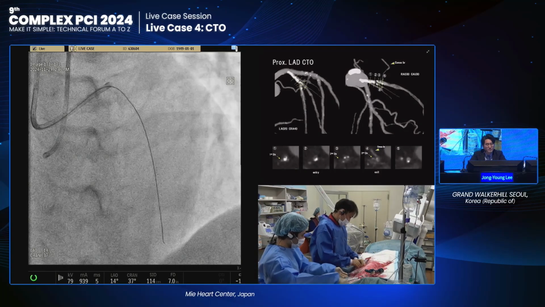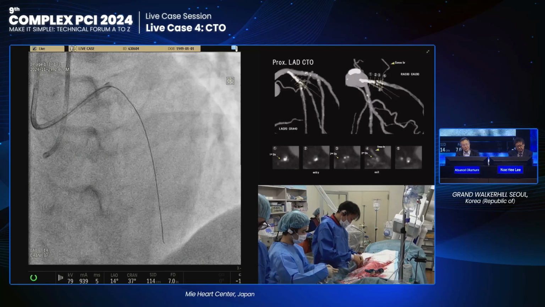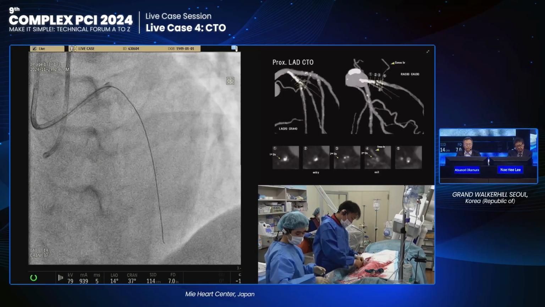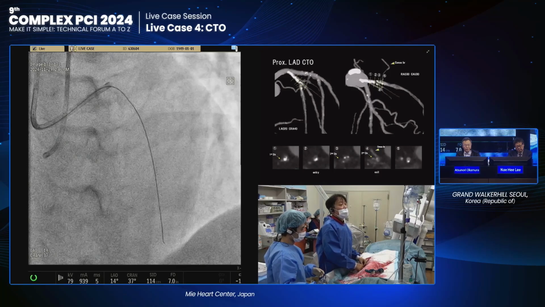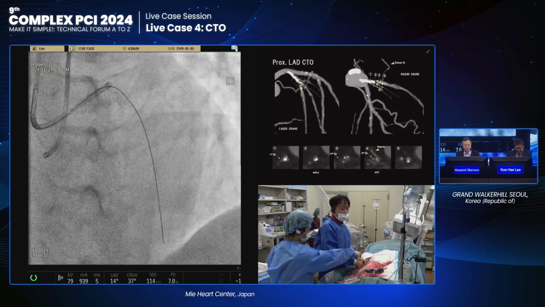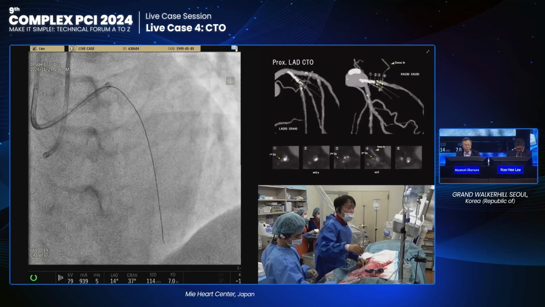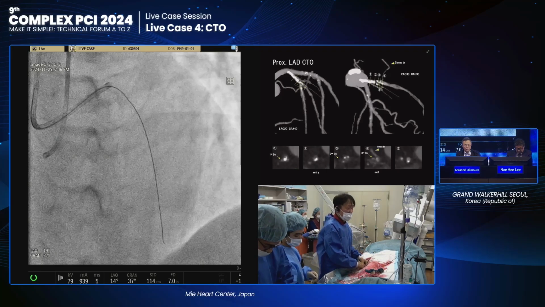Oh, Dr. Nasu, yes. Anyway, it depends on the wire course, but in my practice, I always use a not so hard type of guide wire for the penetration of the distal cap.